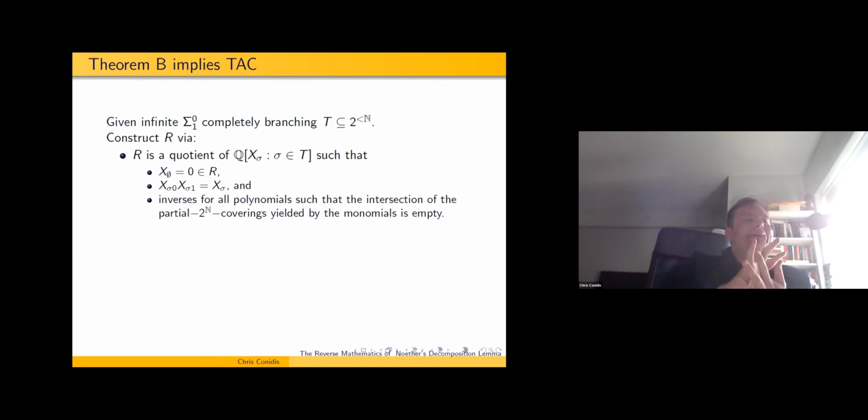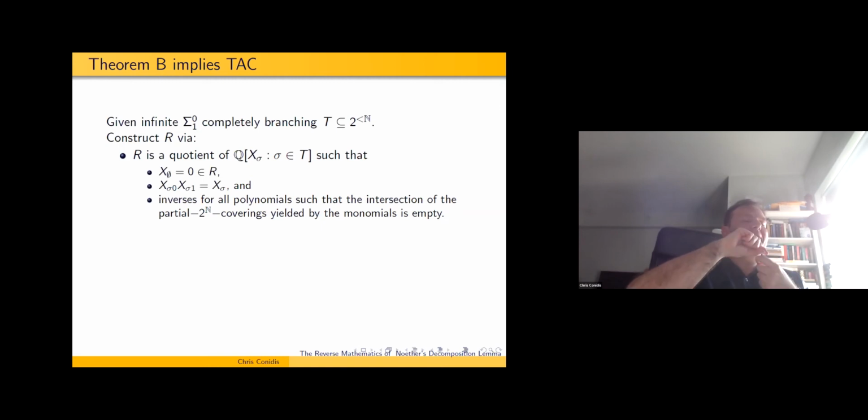A monomial can't cover all of Cantor space, or else it would just be 0 and you could throw it away, so every monomial corresponds to a partial covering. You want to invert all the polynomials such that the intersection of the coverings of its individual monomials is empty.